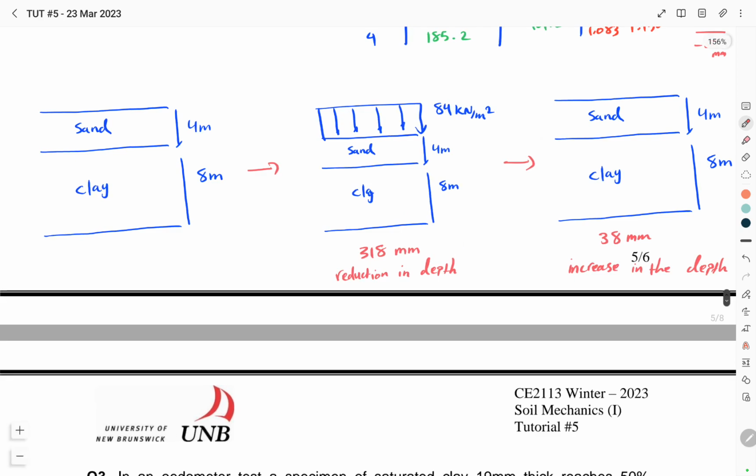So overall we had 318 minus 38 millimeters, which is equal to 280 millimeters reduction in our source.